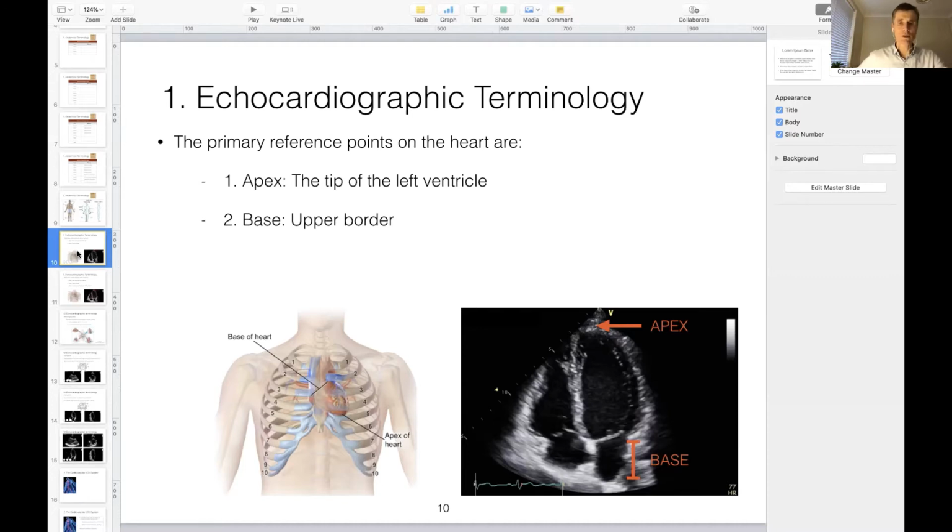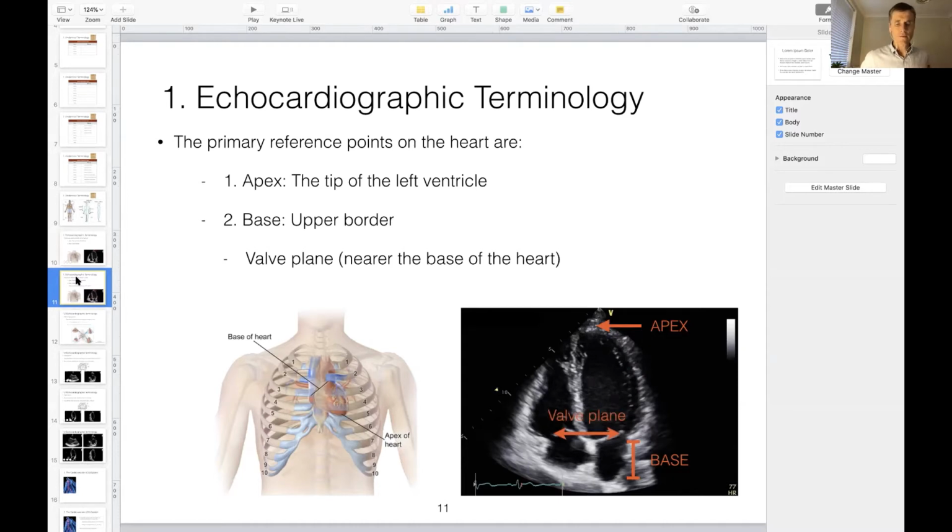So they're the segments more superior. Remembering that the image at the bottom of this screen here is inverted. So the left ventricle, which is inferior to the left atrium, is actually at the top of the screen, and that's standard for echocardiography.